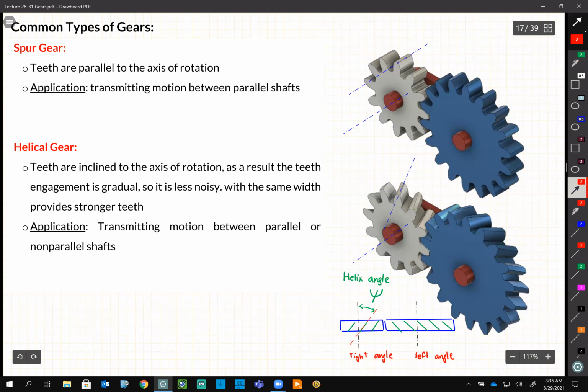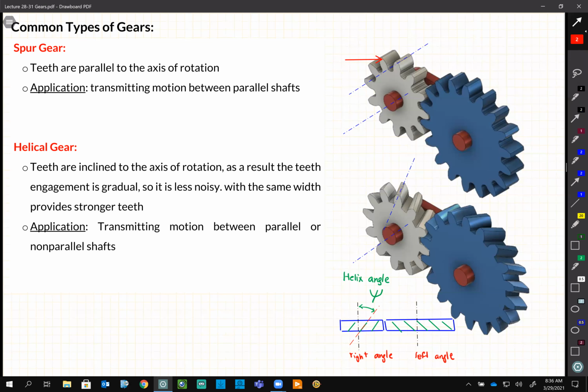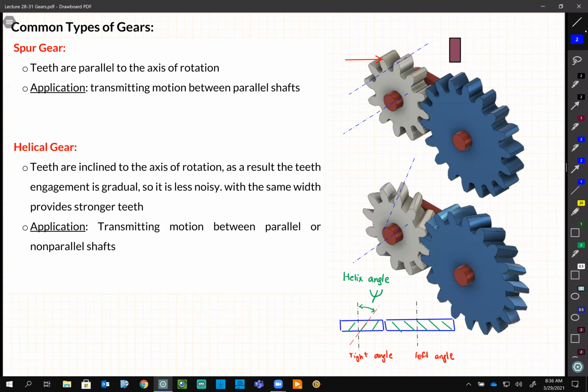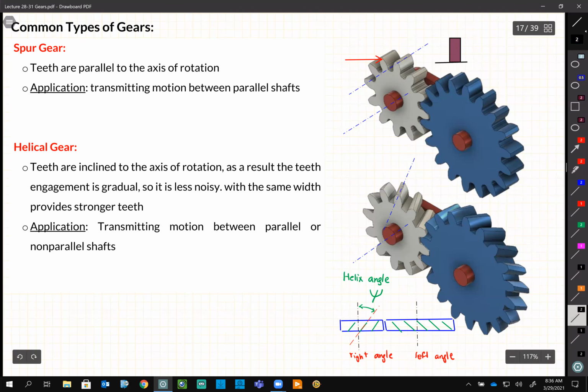Let's say for each tooth you apply a force, and I told you to treat it as a cantilever beam. If you treat it as a cantilever beam, imagine the area going into your screen, and now think about the same thing for a helical gear.